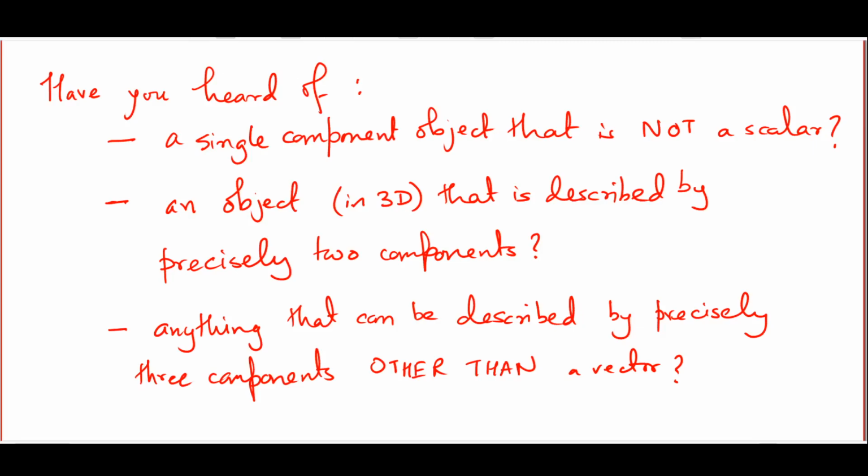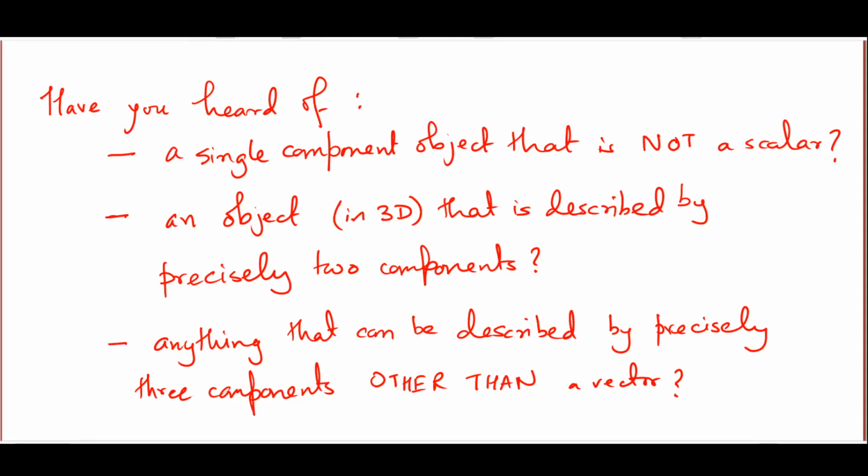worrying about are rotations. Let us start with a somewhat detailed answer to the first question. Does there exist a single component object that is not a scalar under rotations? Let me emphasize that what we are talking about are well-defined objects which are completely described by a single number.